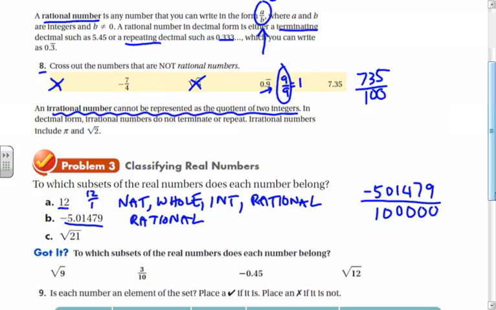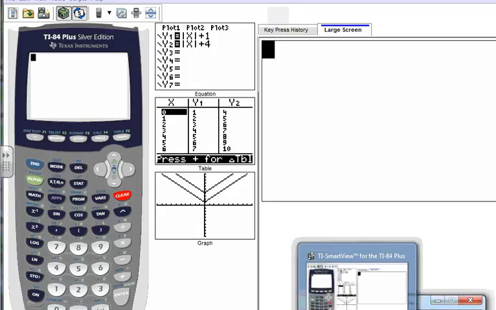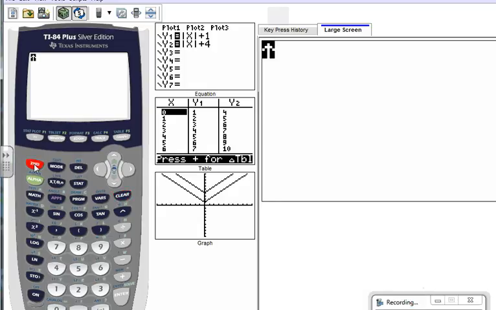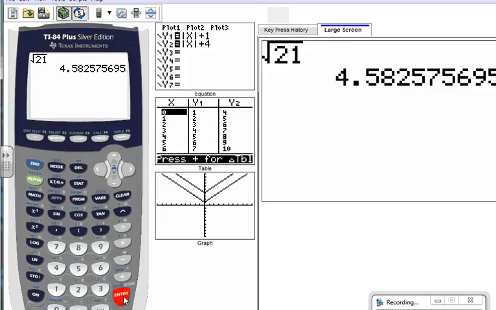That's equivalent to that. The square root of 21, if we approximate that on our calculator, I'll do that here. So on the calculator here, we want to do the square root, and you might as well know where that is. You press second and then the x squared button there. And we want 21. I'm going to hit enter. And notice that the number goes all the way to the edge of the screen.